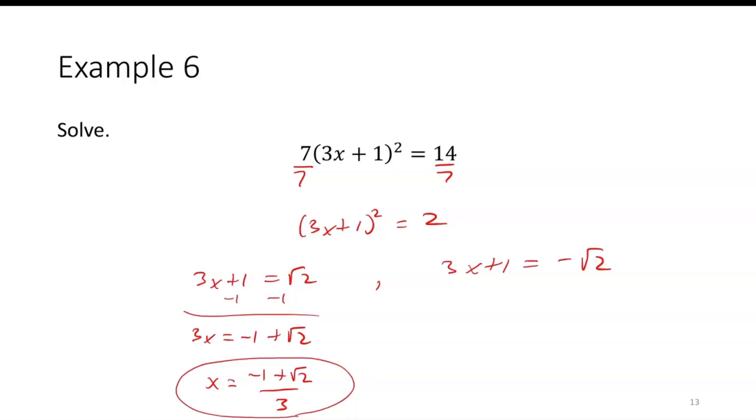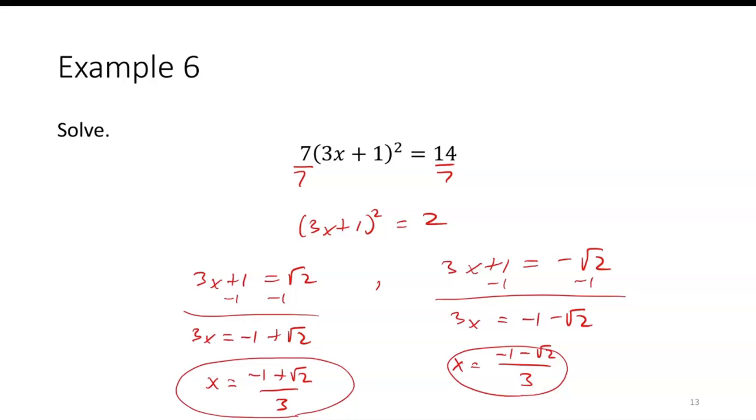For the other solution, I would subtract 1, and I would have 3x is equal to negative 1 minus the square root of 2. And then if I divide by 3, I'll have (negative 1 minus the square root of 2) over 3. Again, not really nice looking, but it's the best we can do for this kind of problem.